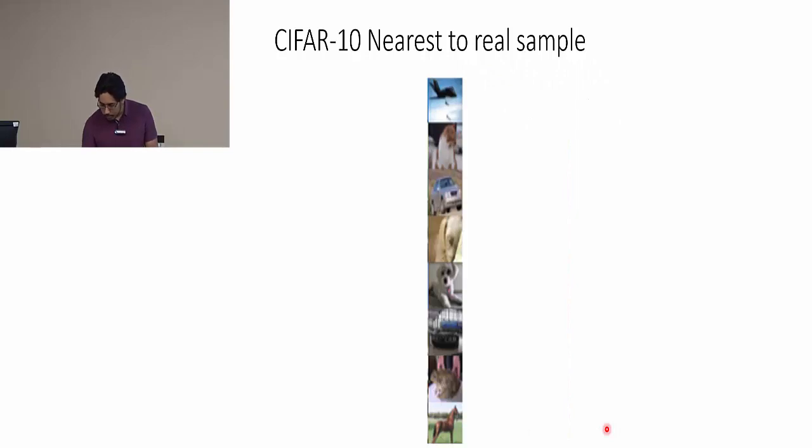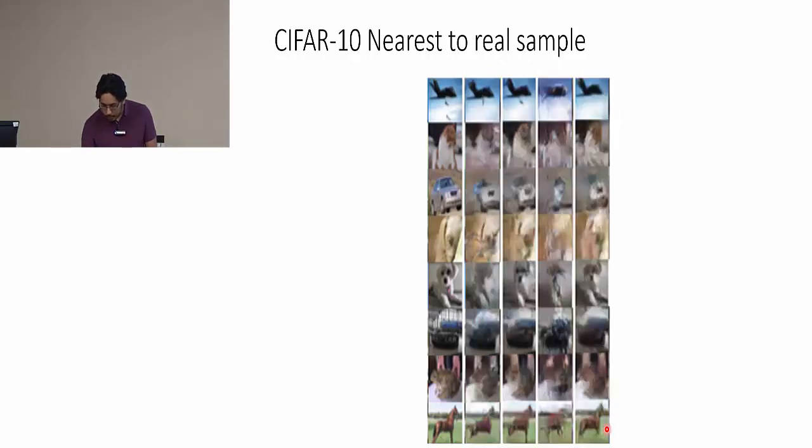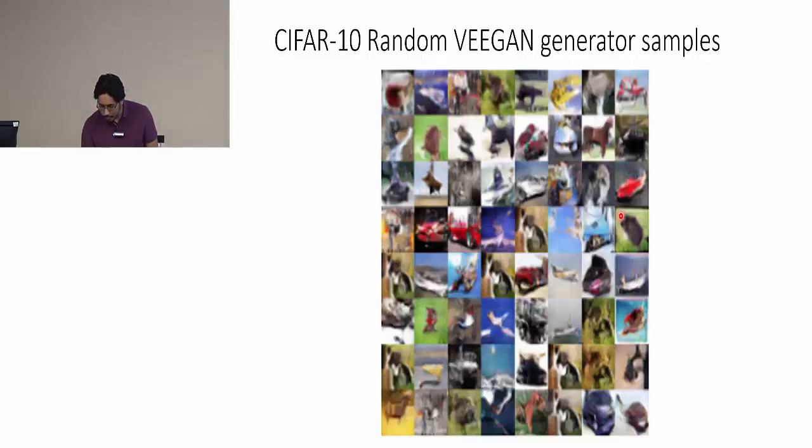It's kind of hard to qualitatively compare them because of the size, but here are some random VEEGAN generator samples for the CIFAR 10 dataset.